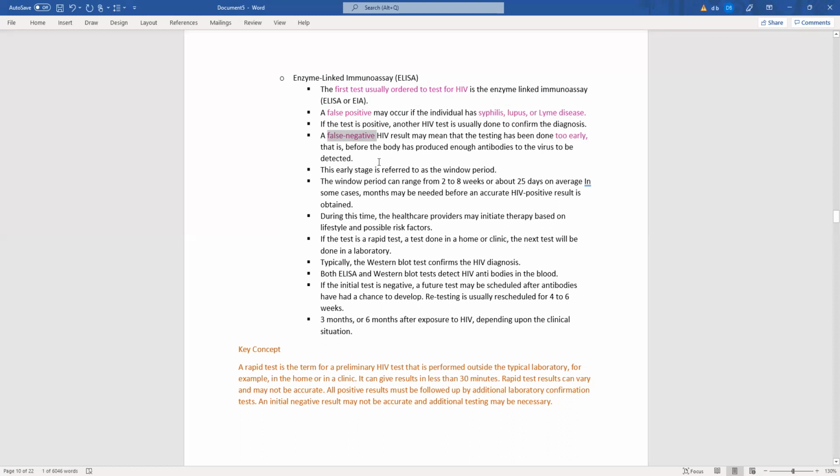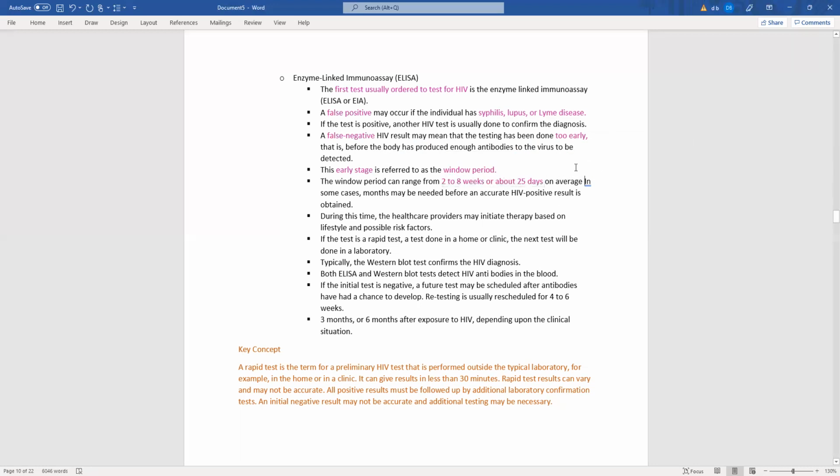The early stage is referred to as the window period, and the window period can range from 2 to 4 weeks, or about 25 days on average.